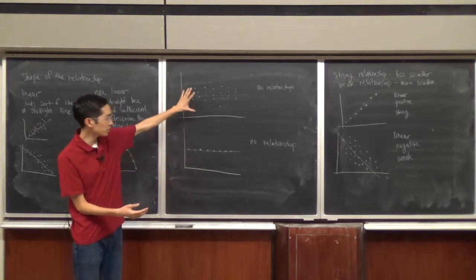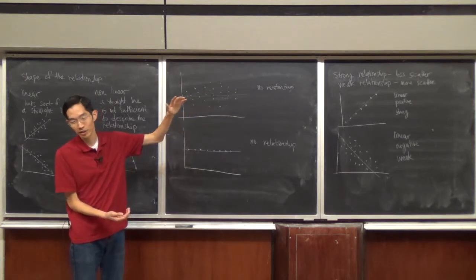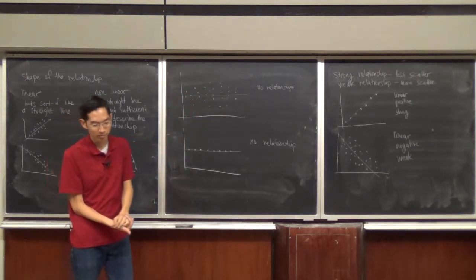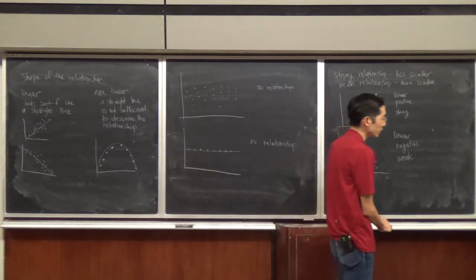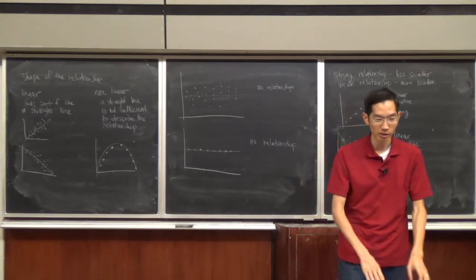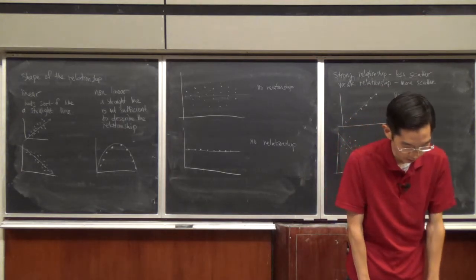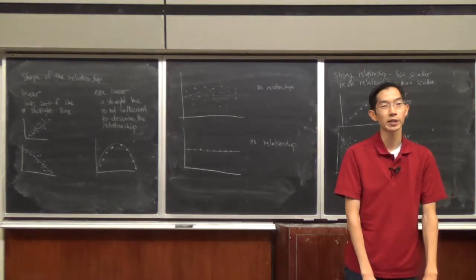In these examples, I just had generic scatter plots that did not really have variables labeled or mentioned, but we did have a couple examples where there was a context to the data. We had the example where we were looking at people's heights and weights.